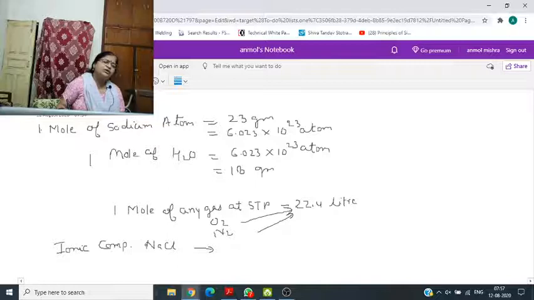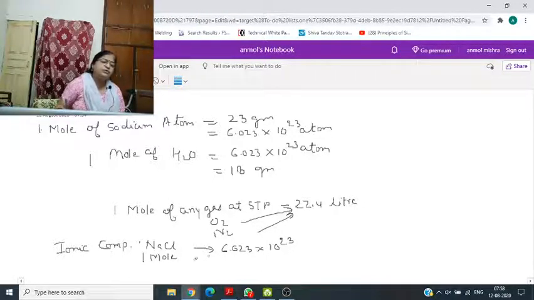If we talk collectively of NaCl, so 1 mole of NaCl will contain 6.023 into 10 to the power 23 in solid state.